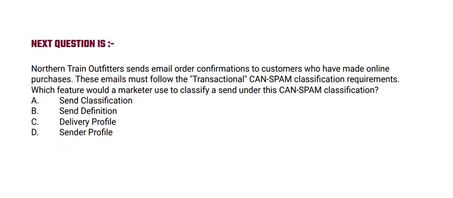Next question is: Northern Trail Outfitters sends email order confirmations to customers who have made online purchases. These emails must follow the transactional CAN-SPAM classification requirements. Which feature would a marketer use to classify a send under this CAN-SPAM classification?